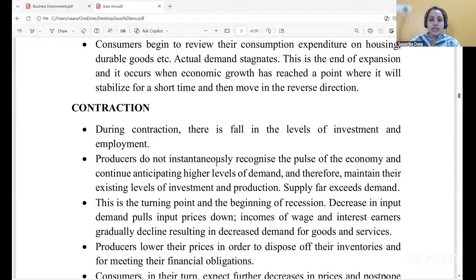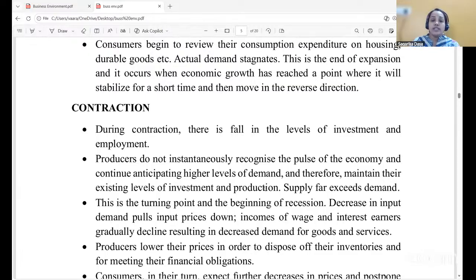Producers do not instantaneously recognize the pulse of the economy and continue anticipating higher levels of demand, and therefore maintain their existing levels of investment and production. Now, contraction is a danger-level phase where the producers will take any kind of step with careful attention, because it is a stage where demand will be very high, but at the same time unemployment is increased, and levels of investment also increase.